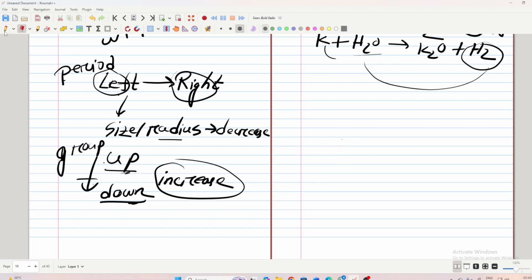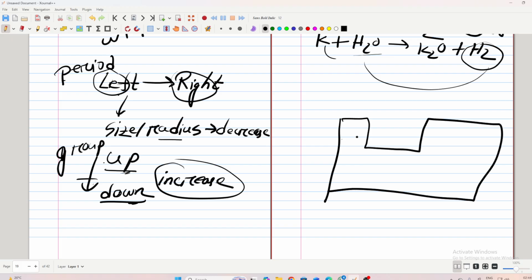So what I have just explained: if I draw a periodic table here and assume hydrogen, lithium, sodium, potassium, if I go up to down, the size will increase.